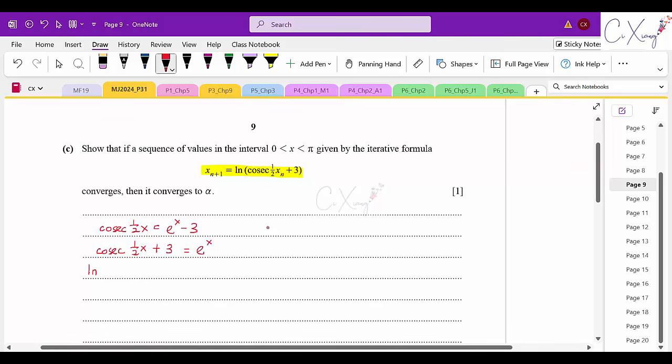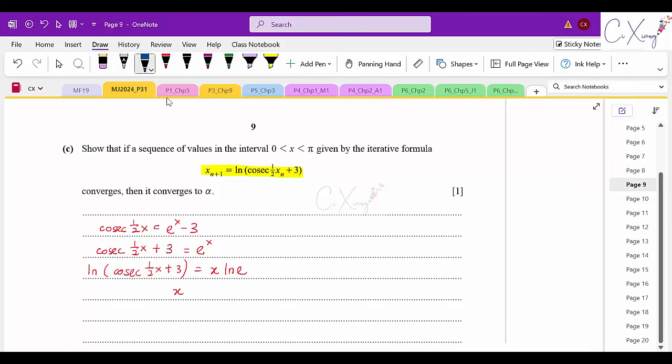Then I take ln on both sides. I think the answer is quite obvious. So you have x ln e, you apply the property of the log function, and ln e is 1.